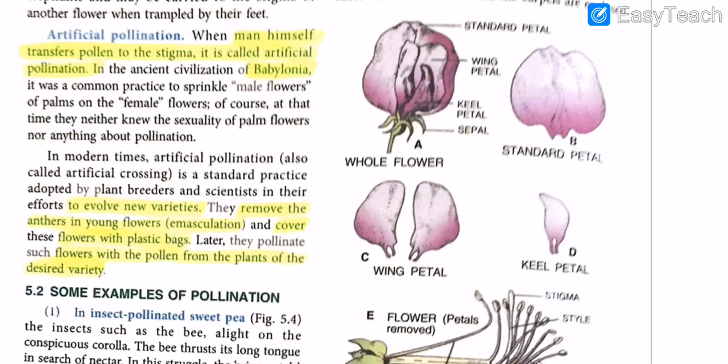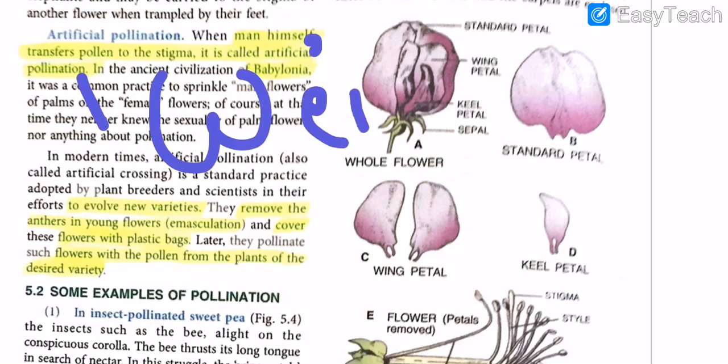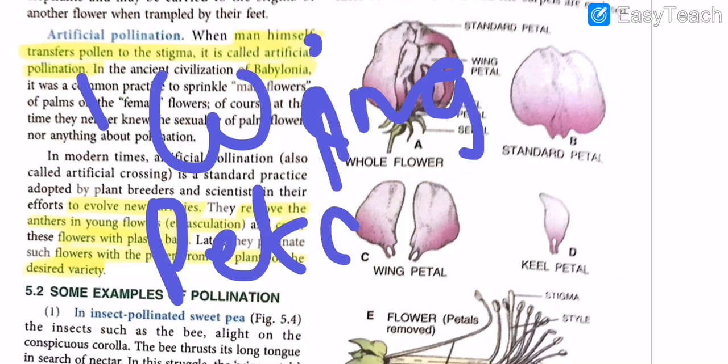In this struggle, the so-called wing petals of the flower are depressed. The wing petals, along with the keel petal, are forced down, and the stamen and the stigma touch the undersurface of the body of the insect.